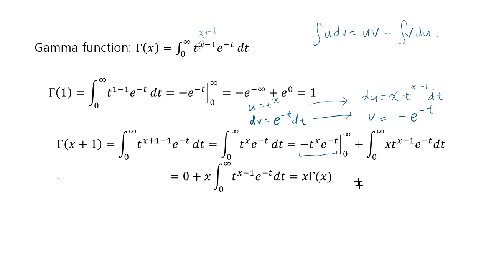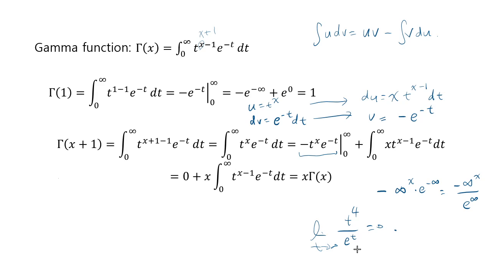Now, if you plug in infinity, you get infinity to the x power times e to the negative infinity, which is like infinity to the x power over e to the infinity. This is really a competition between, just think about some value of x, say x is like 4th power, and you have t to the 4th over e to the t. It's a competition between polynomial growth and exponential growth, and exponential growth grows faster than any polynomial, so when you send t to infinity, this is going to go to 0.